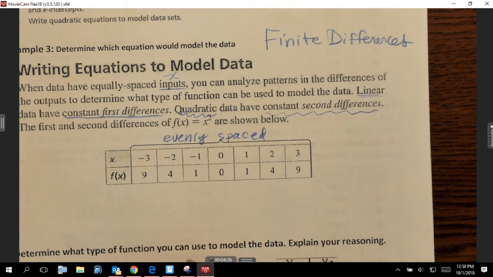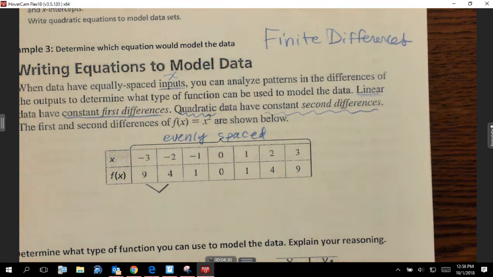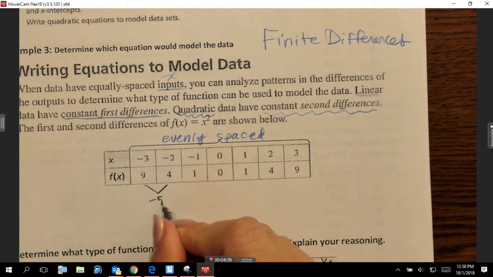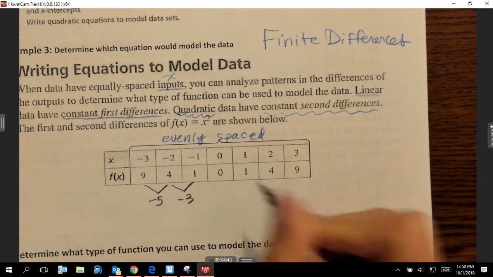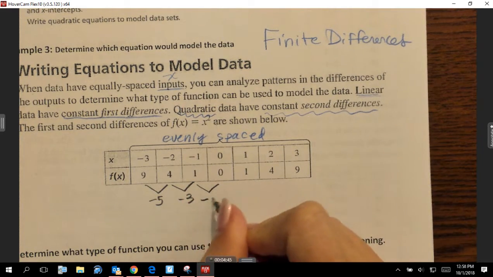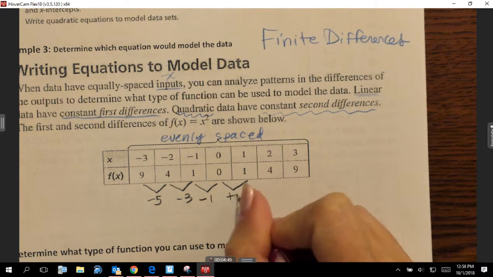What does that mean? That means look at 9 to 4 and say, how do I get from 9 to 4? Add or subtract? Subtract 5. How do I get from 4 to 1? Subtract 3. From 1 to 0, subtract 1. From 0 to 1, add 1.